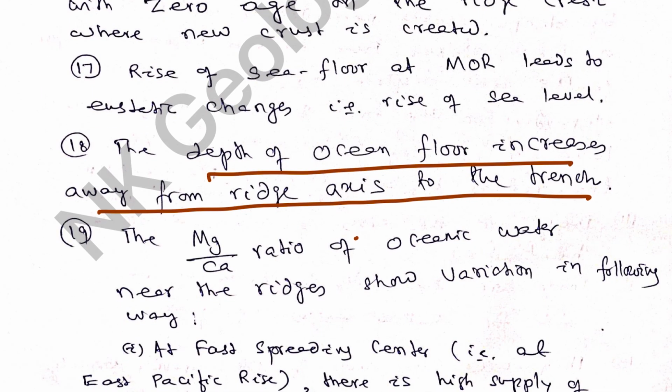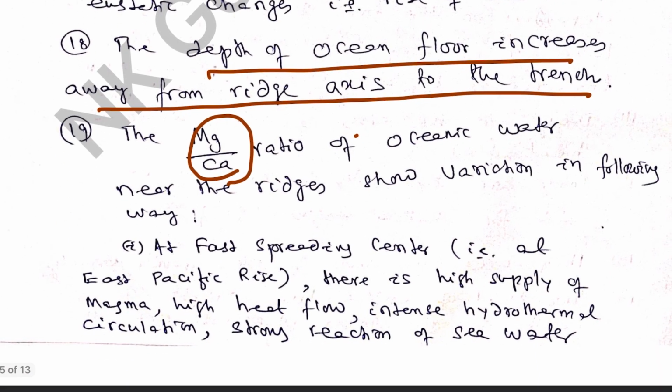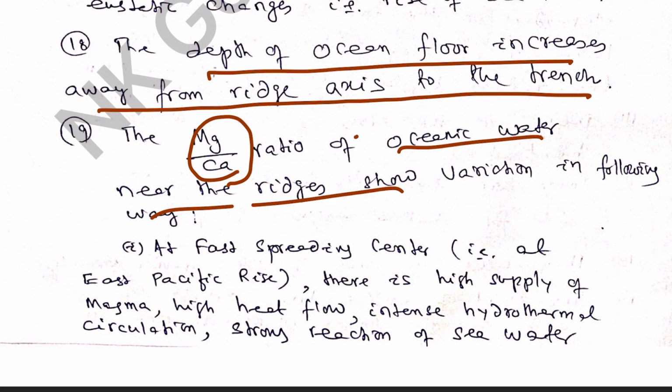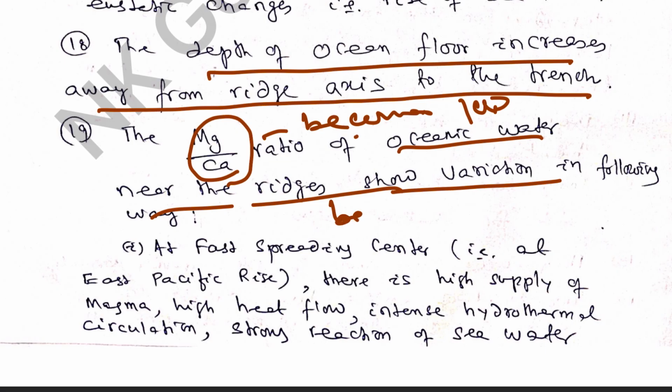And another feature of the oceans is the magnesium-calcium ratio of the seawater near the ridges. In case of fast spreading ridge, this ratio becomes low, and in slow spreading ridge it becomes high.